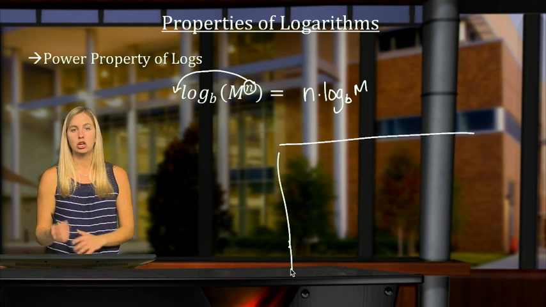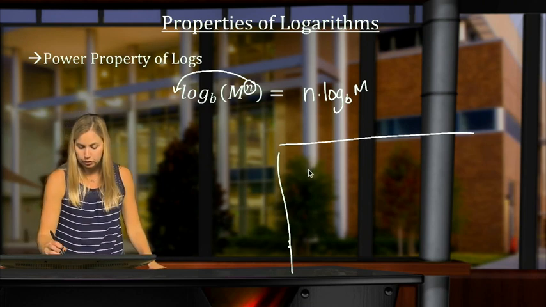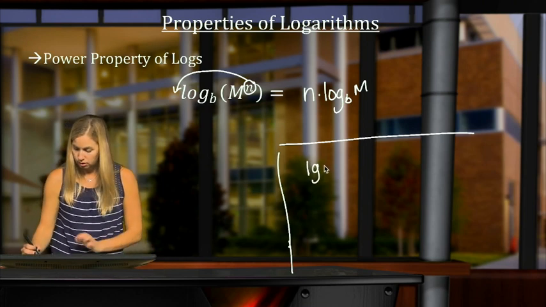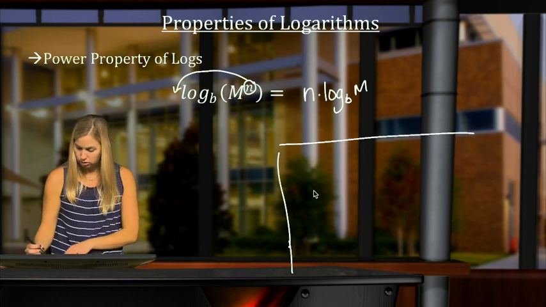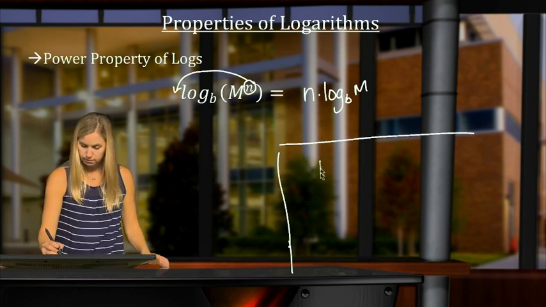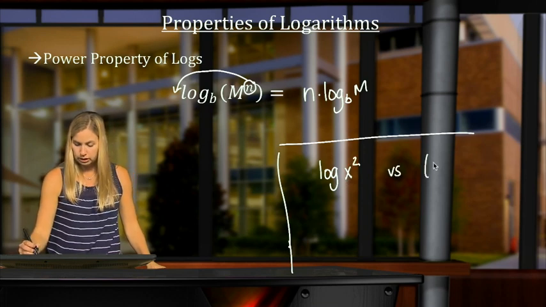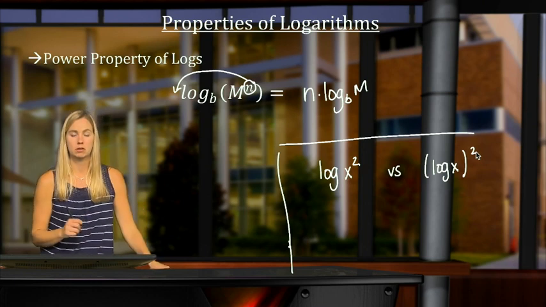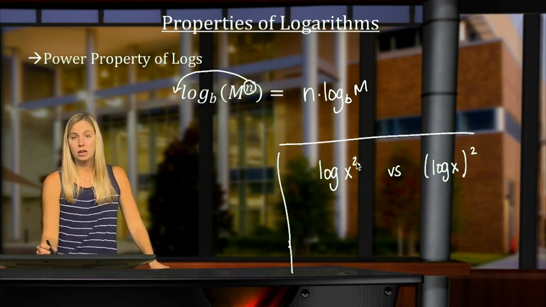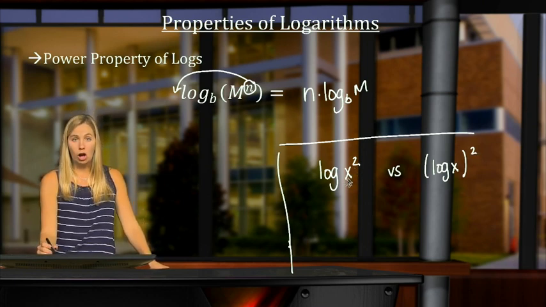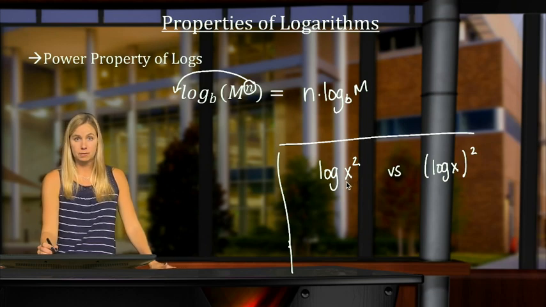Now I want to quickly look at something. What's the difference between log of x squared and log of x squared? In this first one, the square is only on the base of x.